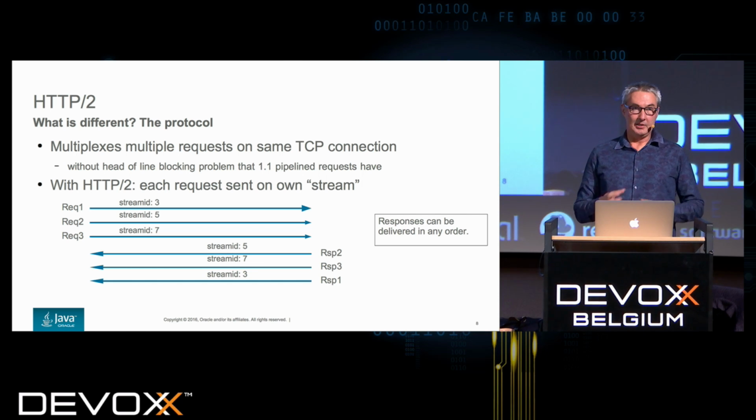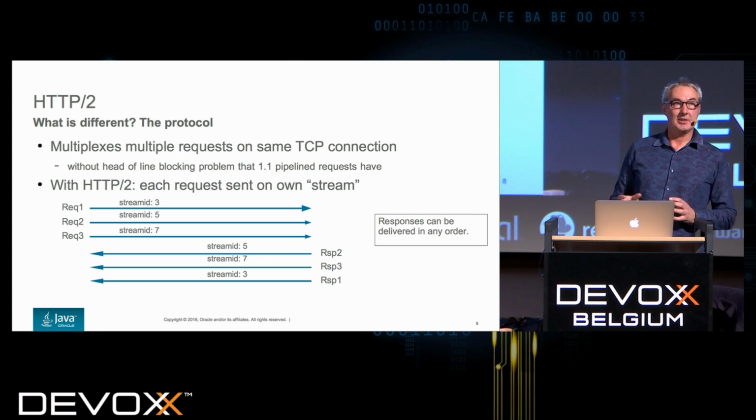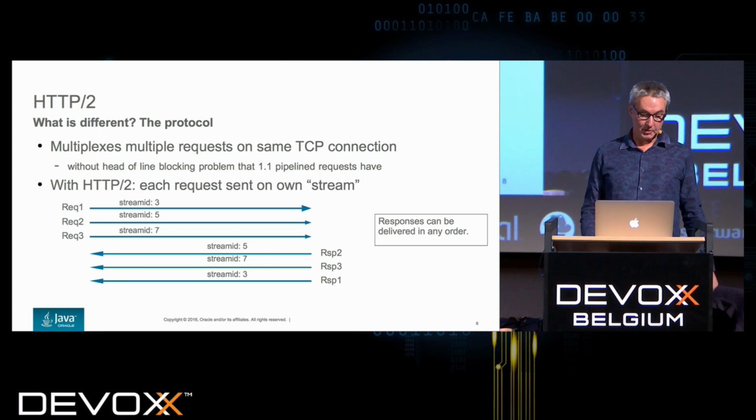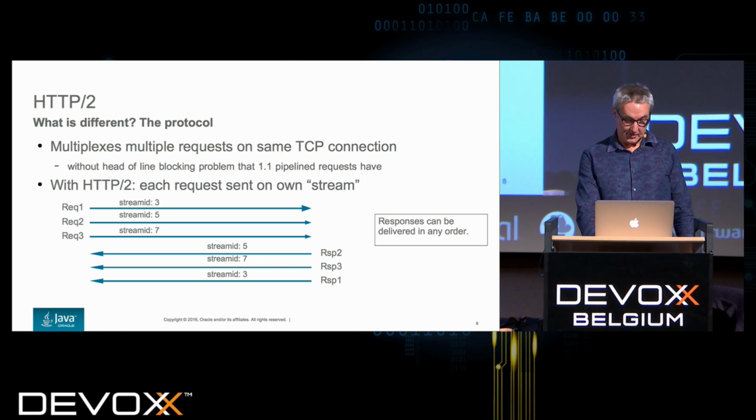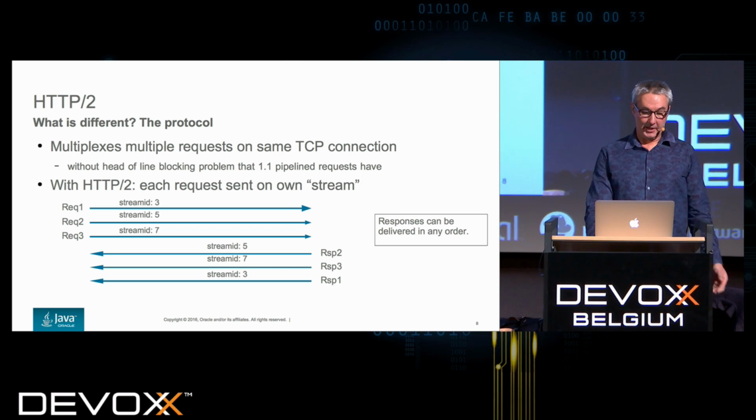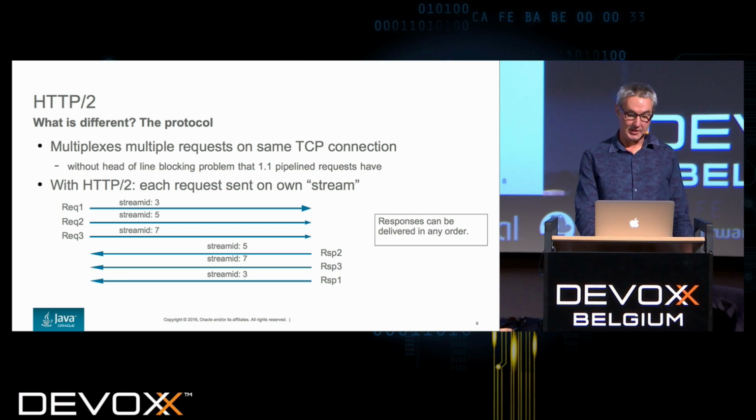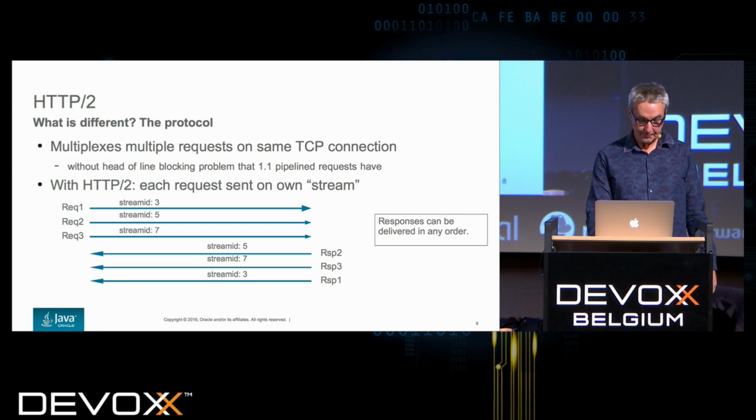All frames, all messages associated with the stream have a stream ID, so they're identifiable. And streams are also independently flow controlled, which is a significant point we'll come on to later. So you can see in this example, it's possible to send back response 2 first, then response 3, and then response 1. That avoids this whole head-of-line blocking problem that you would have seen with HTTP 1.